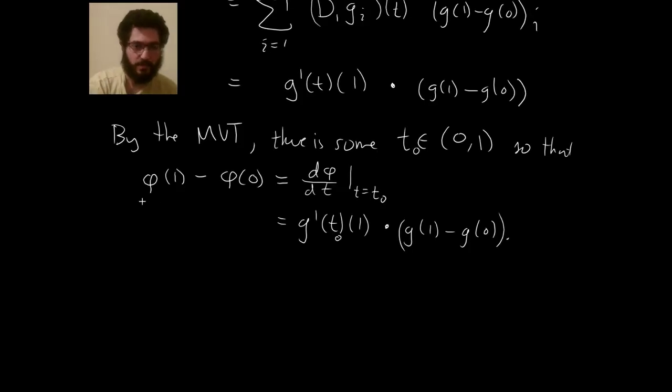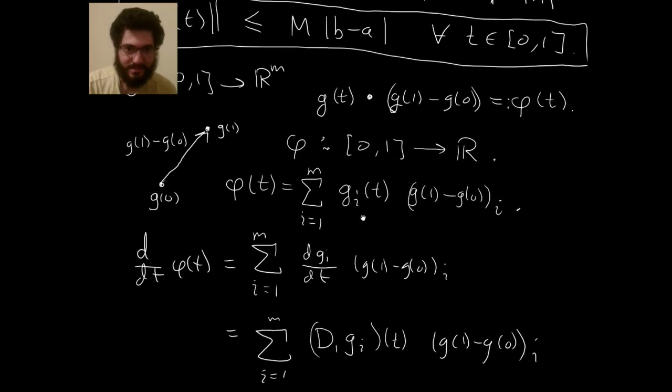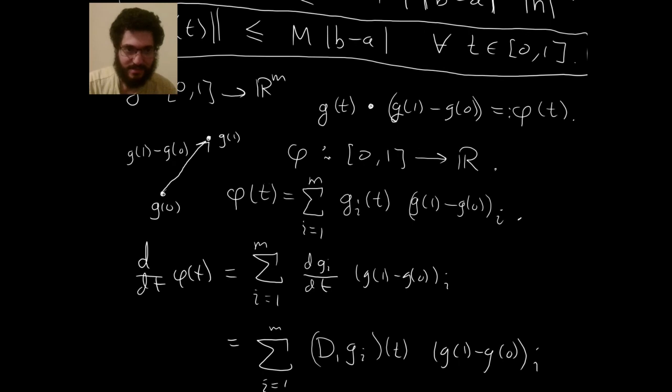So here I'm going to write out what phi is using the definition of phi. I'm scrolling back up to find the definition. Looks like I'm confused for a little while, and there it is. So phi is g of t dot g1 minus g0.